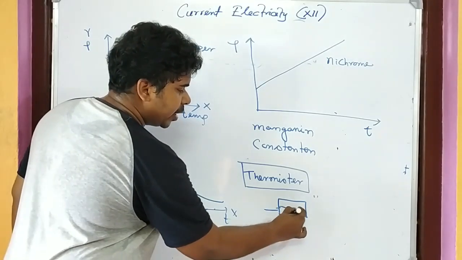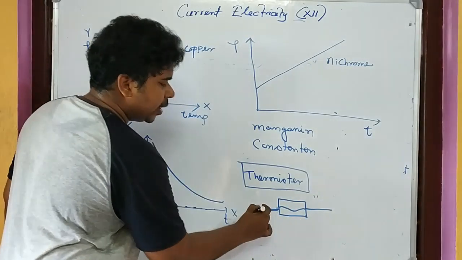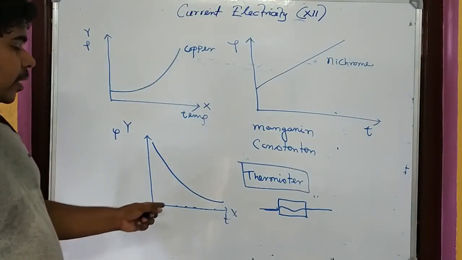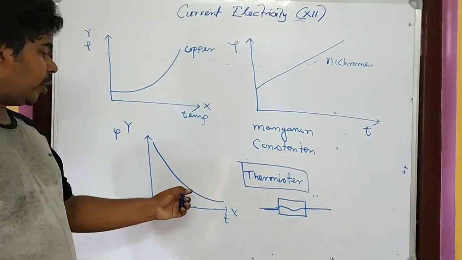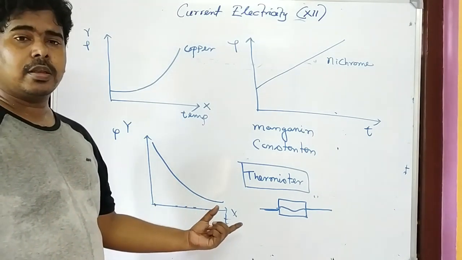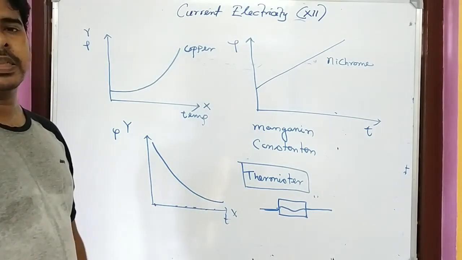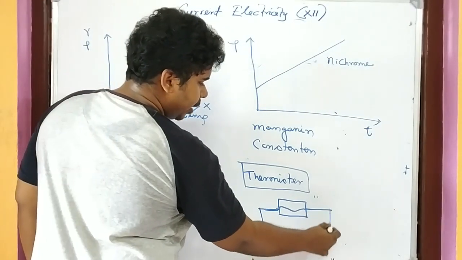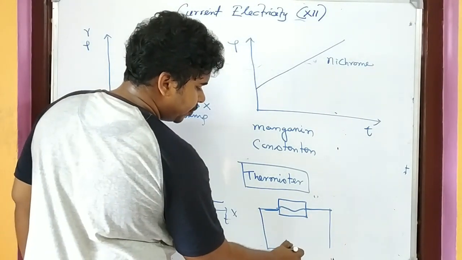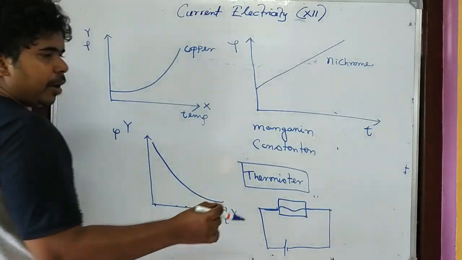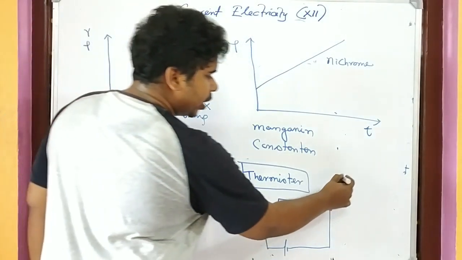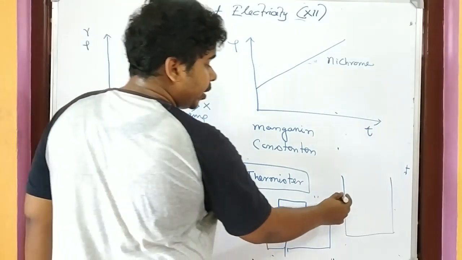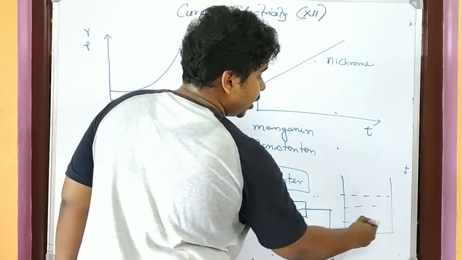As the temperature is increased, the resistance of the semiconductor decreases. What we have done is connect it with a cell, and then put it inside a water bath or any liquid whose temperature we want to find out.